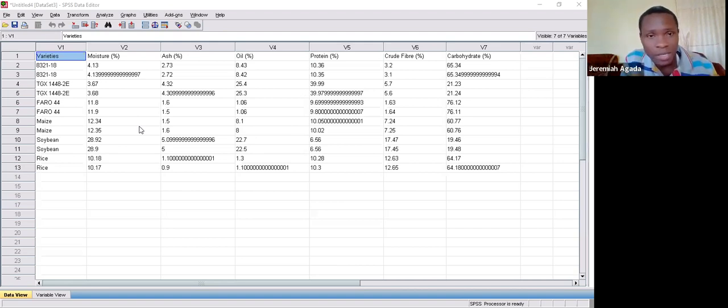Now, this is an interface. This is an overview of SPSS. This is SPSS 16. At least yesterday we said we should have a way to install it so that we can use. I don't know if somebody can comment, those that have the SPSS package in their system, I will send you exactly this file, so that we can be doing things together.